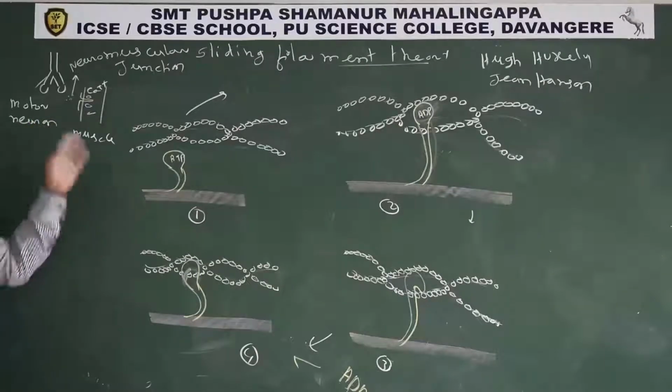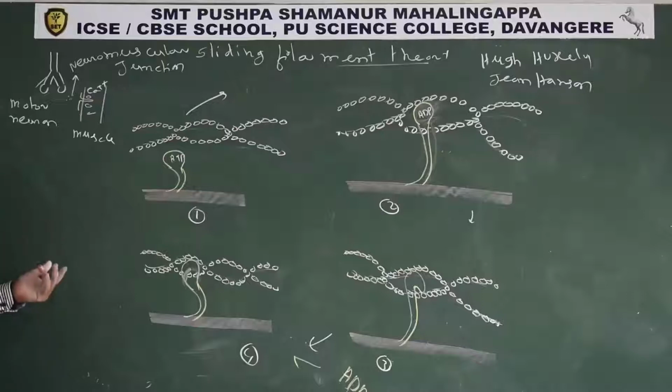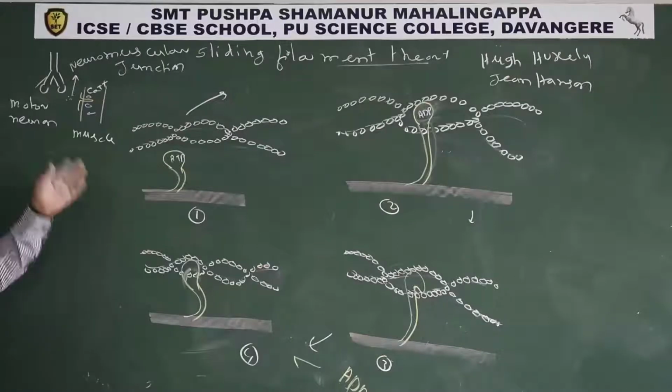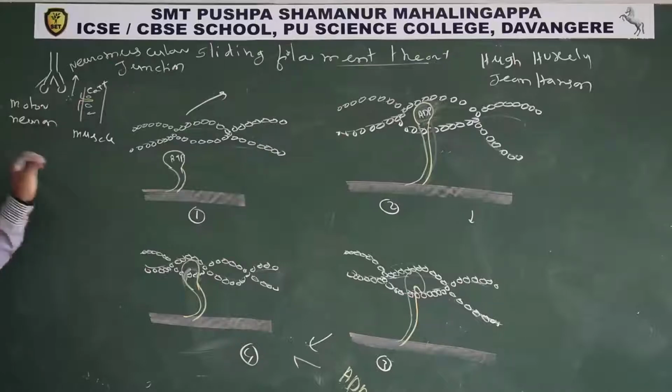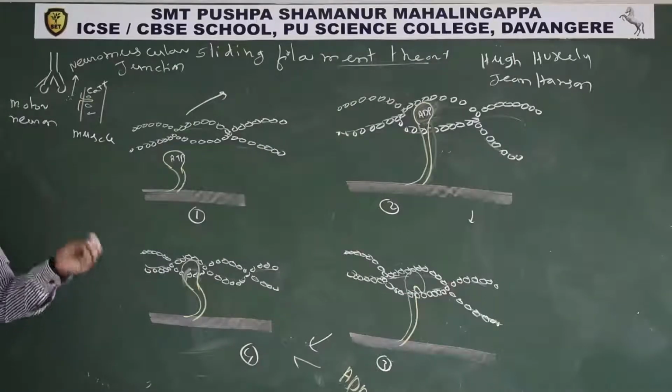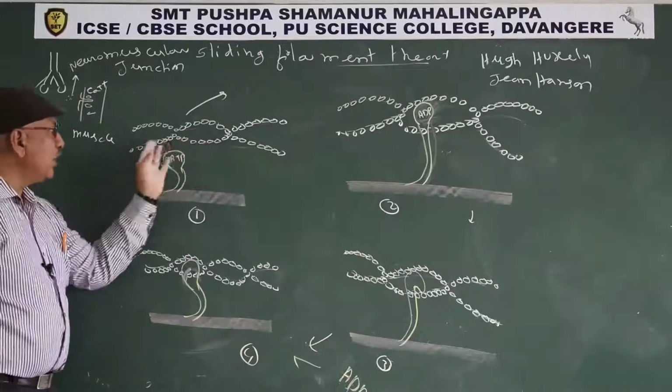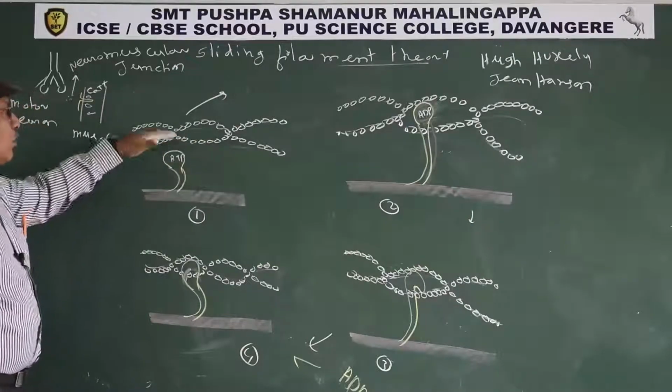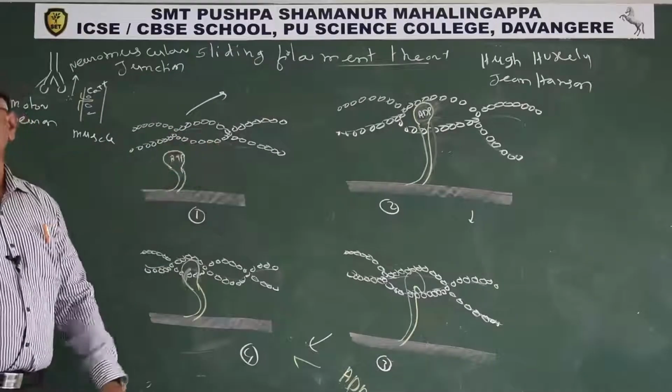The T-tubule is excited and transfers the message to the cisternae. The cisternae are excited and release calcium ions into the sarcoplasm. Now calcium ions bind to the TnC subunit of troponin. As a result, the troponin-tropomyosin complex moves away from the active sites.